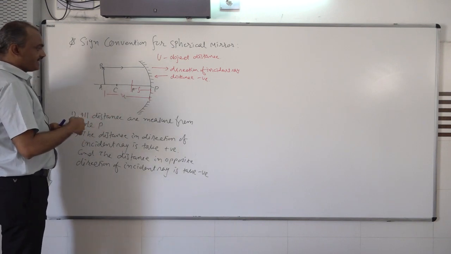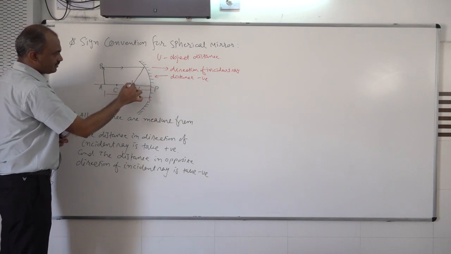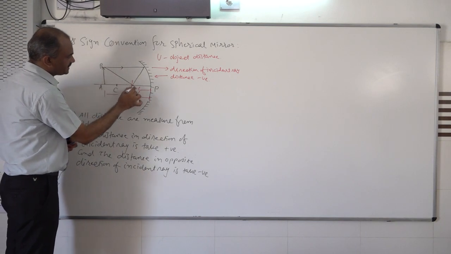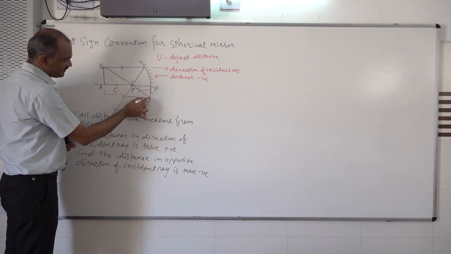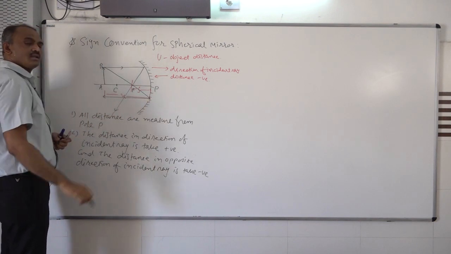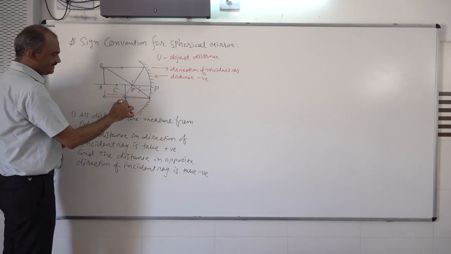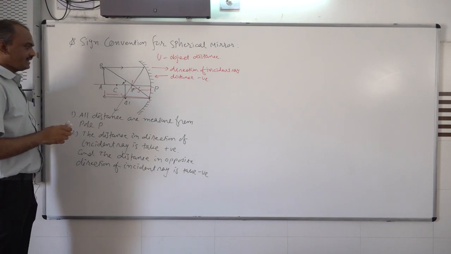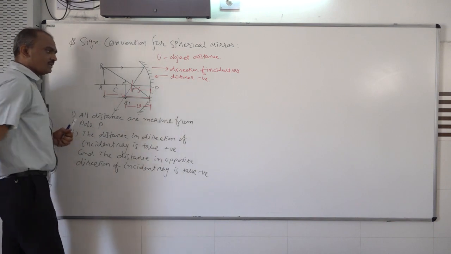Now we draw the ray diagram for that. Here this is the incident ray. It passes through the focus F. Another ray we consider is the one passing to F, and then this comes out parallel to the principal axis. So here we get the image B dash A dash, and this distance is the image distance v.